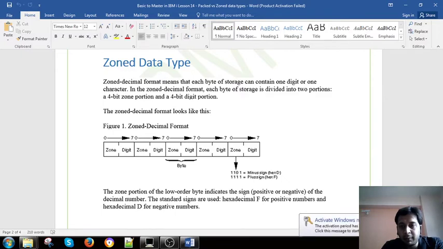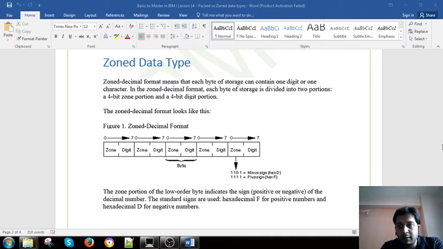For example, if we declare a value of length 3, there will be 3 bytes. If you declare 1 2 3, that means 1, 2 and 3, and if it is positive, then it is F F and F. But if you declare minus 1 2 3, then it will be 1 2 3 with F F and D. The D indicates that this is minus 1 2 3.